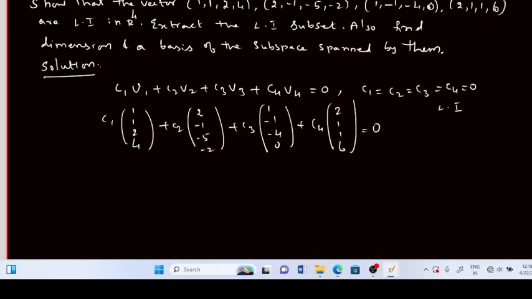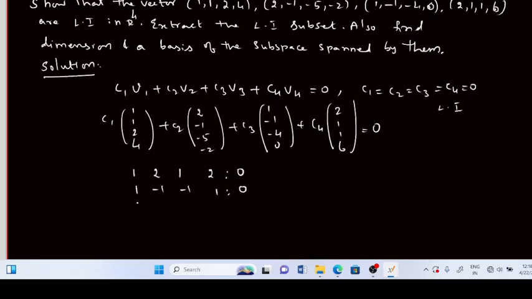Here we write it in terms of a matrix. The first elements of the vectors: 1, 2, 1, 2 equal to 0. The second elements: 1, -1, -1, 1, 0.